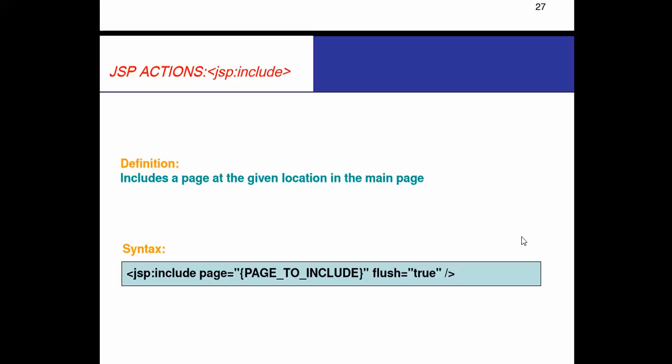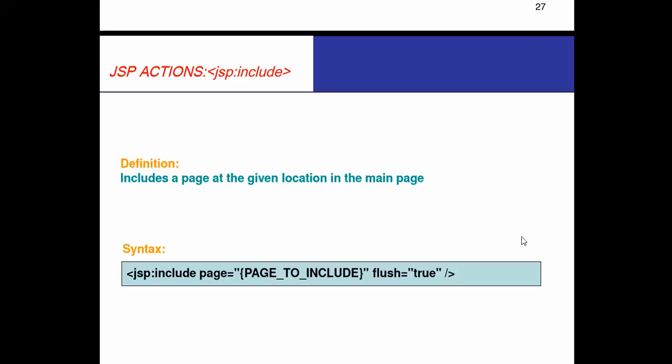The syntax goes like this: jsp:include page equals the page to include. Whatever JSP page or HTML page you want to include goes here. When I say flush equals true, it means I want all the contents from that particular page.